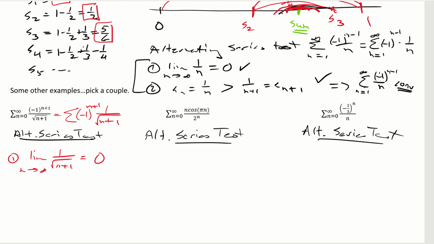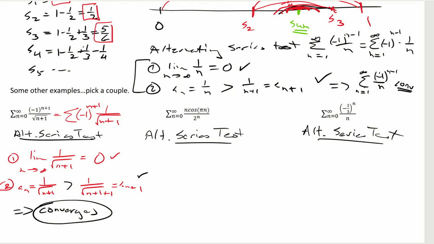Yep, 0. Number 2, a sub n is equal to 1 over the square root of n plus 1. If I plug in n plus 1, that's a sub n plus 1. Yeah, it's a bigger denominator. It's decreasing. What's the story? It converges. It's as simple as that. Okay, that's how it's done.